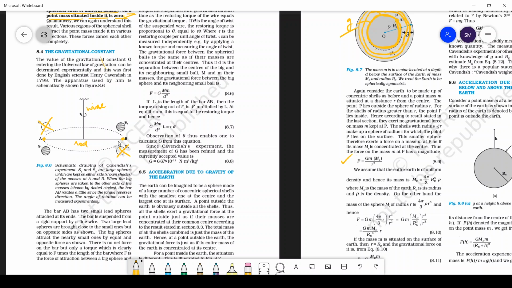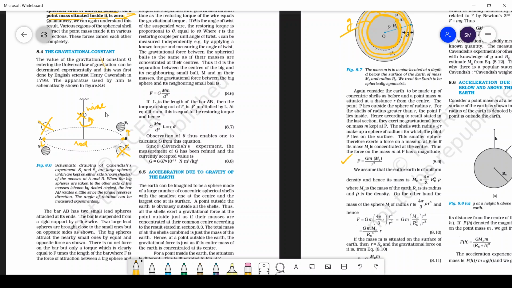So obviously this rod will move this side a little bit, and this wire will be twisted. Actually, this direction is shown according to the dotted sphere, so if you want to draw this, this should be the direction, because the rod is going to rotate in this direction. So you need to correct the direction also.